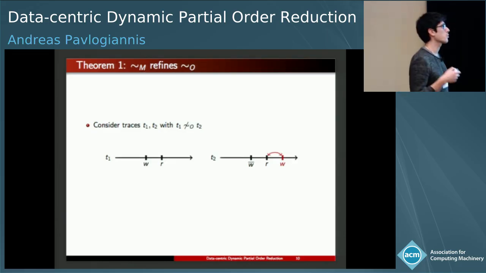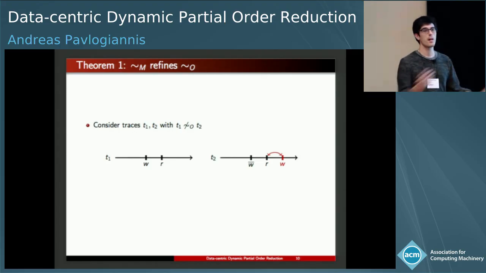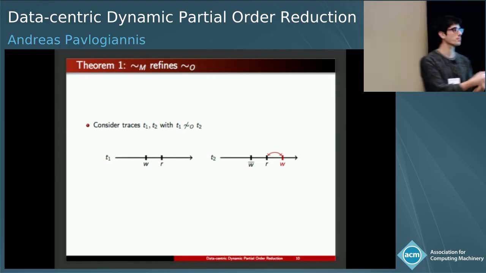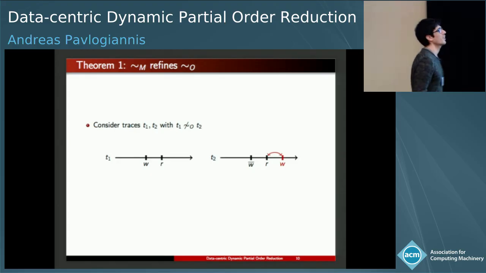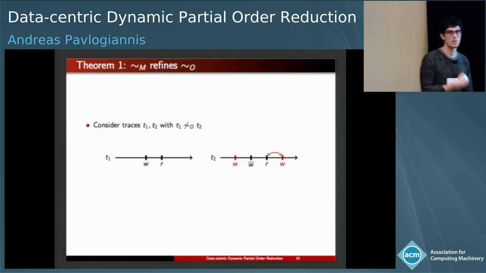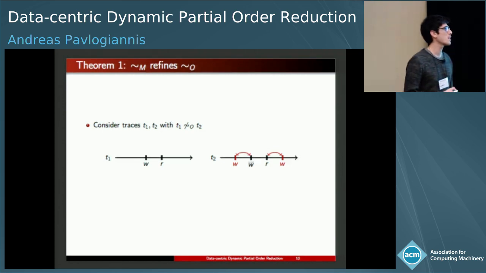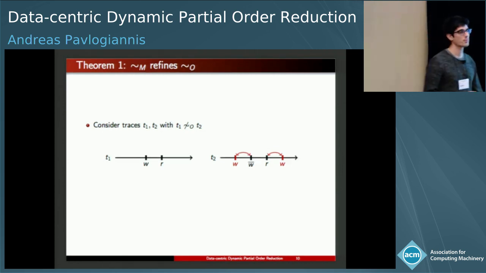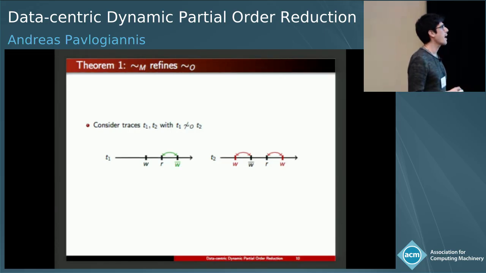Case 1, it appears to the right of R. But in this case, we have changed the order of R and W. Case 2, it appears to the left of R. But since R observes W bar, the W has to appear also to the left of W bar. So we split cases again. Case 2A, we have changed the order of W and W bar in T2. Case 2B, we haven't.